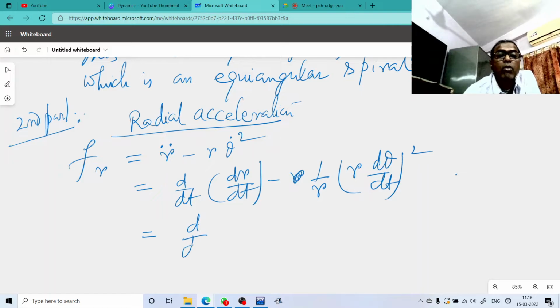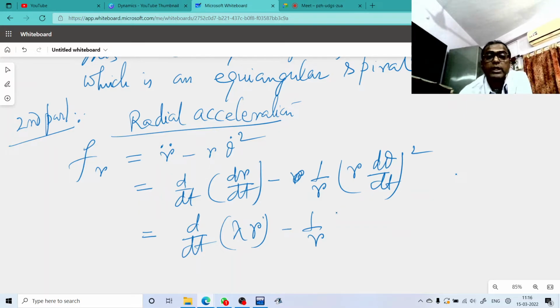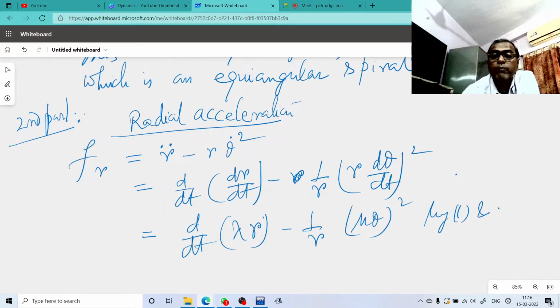So d/dt of λr minus 1/r times (rθ dot)², this is the cross radial component of velocity, so this is equal to (μθ)², from 1 and 2.